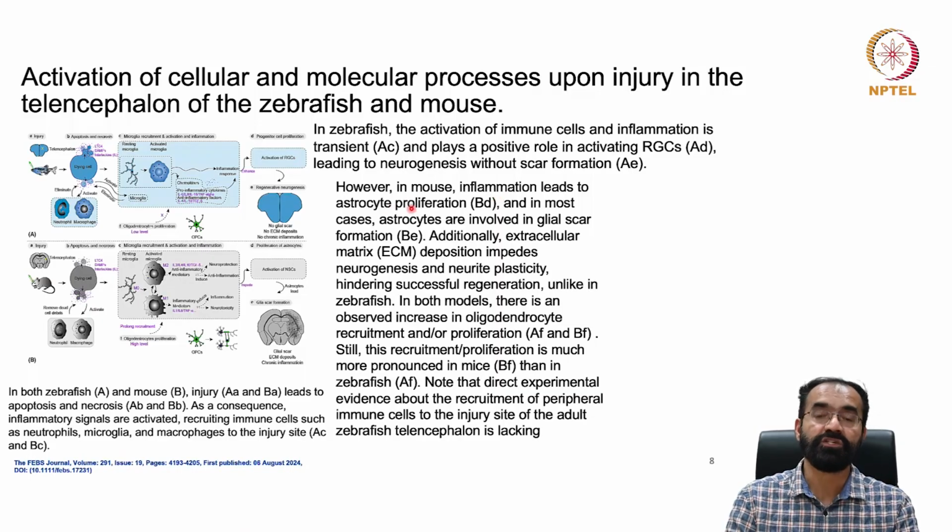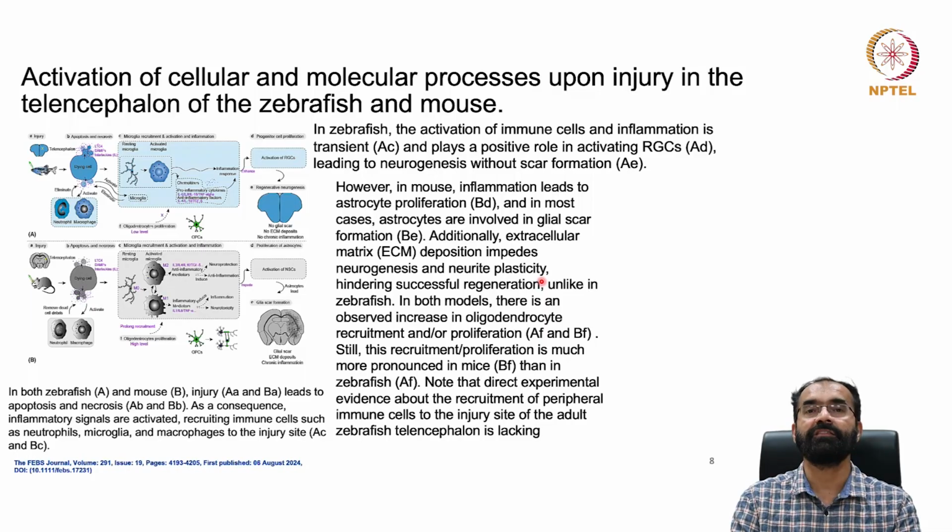Inflammation leads to astrocyte proliferation. It is not like RGCs in the case of zebrafish. Astrocyte proliferation, and in most cases, astrocytes are involved in glial scar formation. Additionally, extracellular matrix deposition impedes neurogenesis and neurite plasticity, because there is a lot of blockade.